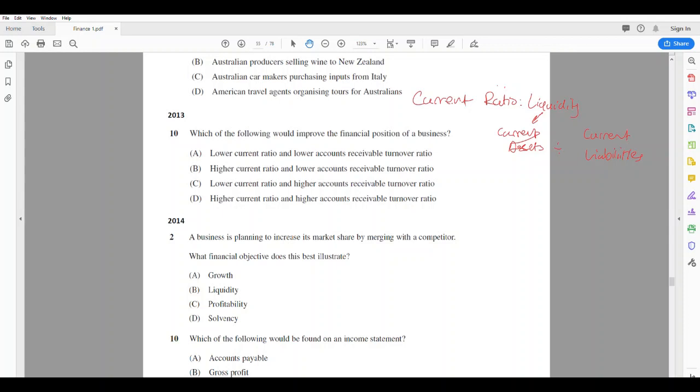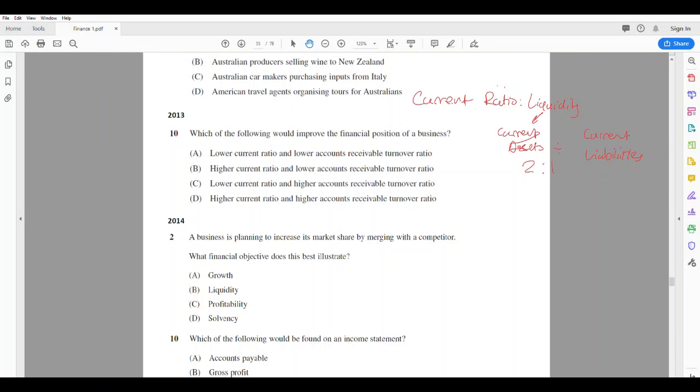We might have an account with someone else. So what you want here, or the acceptable value, is 2 to 1. I want double the amount of current assets compared to my current liabilities. That's a healthy position to cover your liabilities.